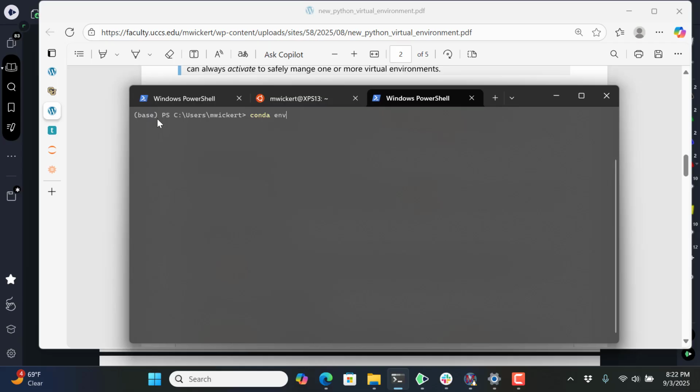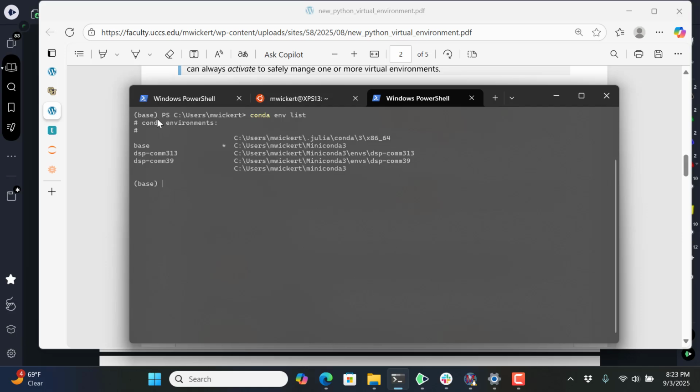For me, I've already created virtual environments, so we're just going to see a listing of what I've got on my system. A couple of weeks ago, I created the COM313, the newest version of Python. Last year, when I taught this class, I was using Python 3.9. But right now, you can see I'm sitting in the base environment.